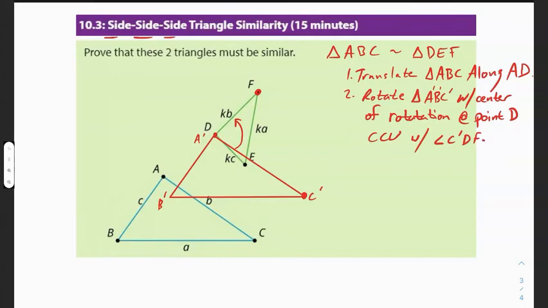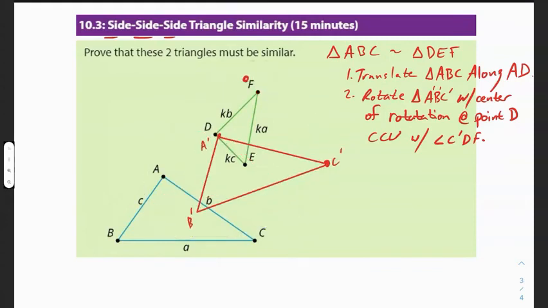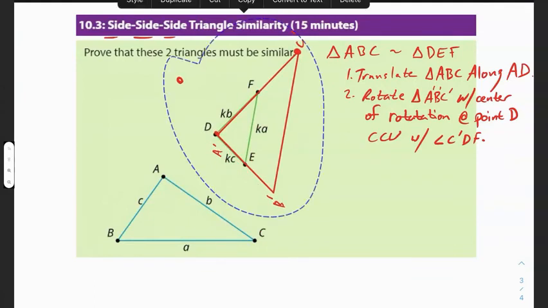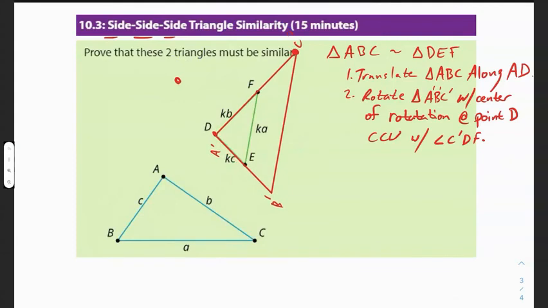Okay. What is that going to look like? It's going to look like this. And there we go. Okay. Very nice. All right, let's see. What's next?